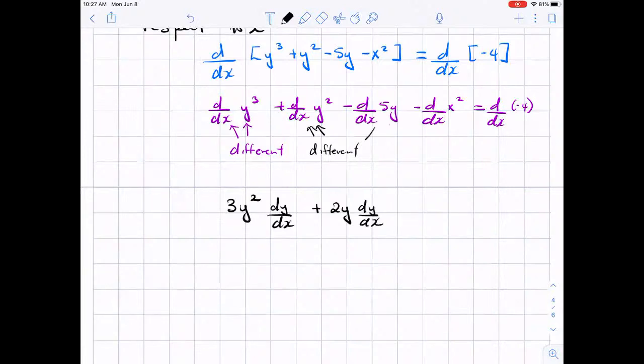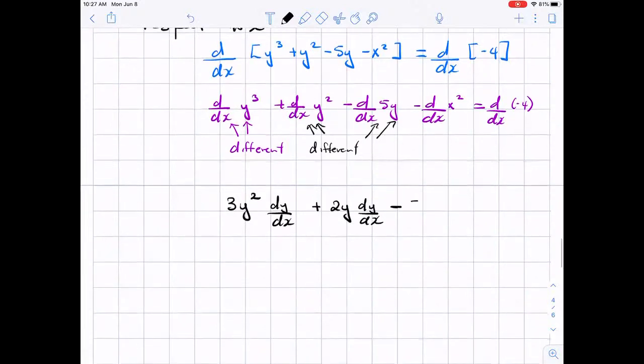Notice here the variables are also different. So we have minus the derivative of 5y, which would be 5, but then because we have a different variable, we have dy/dx. Minus, these variables are the same, so we don't need that dy/dx, it just becomes 2x. And equal to the derivative of a constant, which is 0.